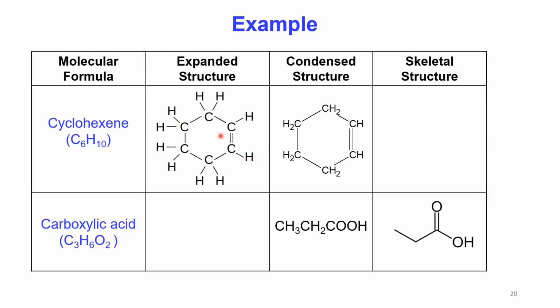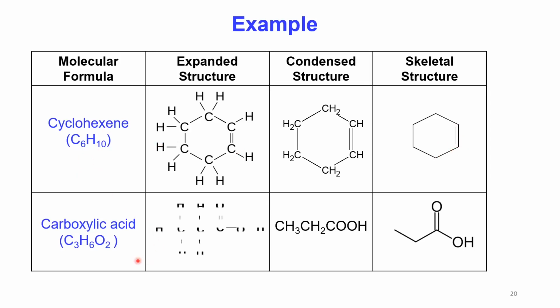In the expanded structure, we need to show the bonding between all the atoms. For the condensed structure, we just show the bonds between carbons in the ring, and also the double bond. And for skeletal, just write the hexagon shape and put in the double bond. So this is the skeletal structure for cyclohexene, C6H10.